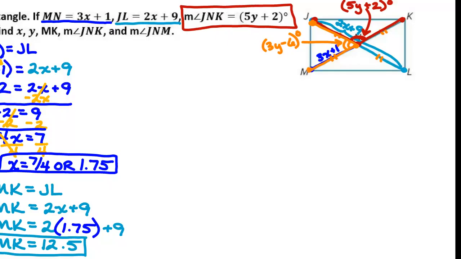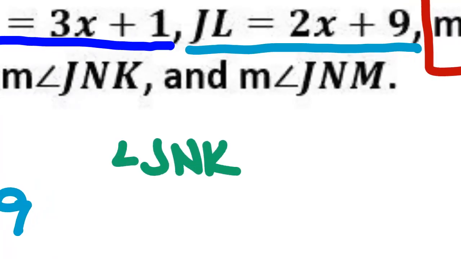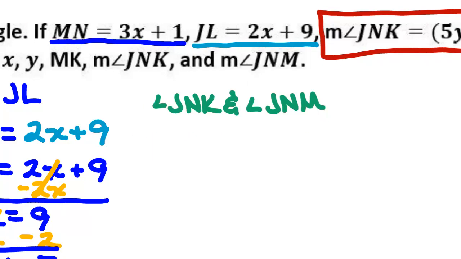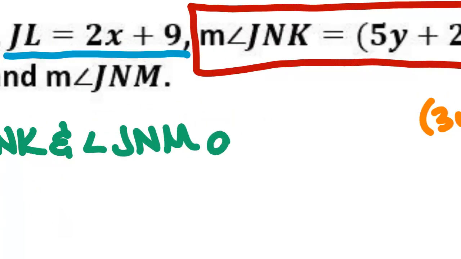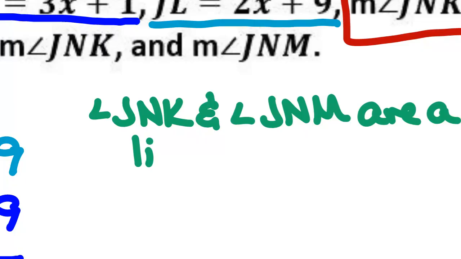What do you notice about these two angles that I just marked? They're a linear pair. Let's go ahead and write that down. Angle JNK and angle JNM are a linear pair.